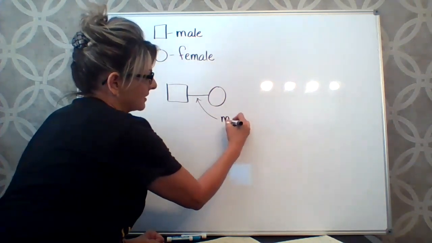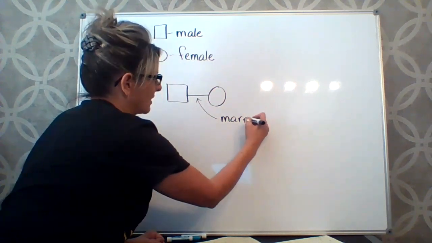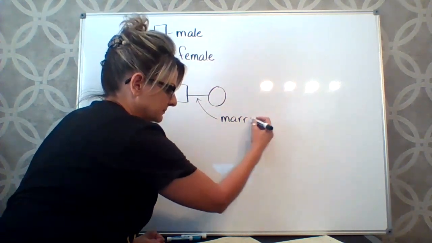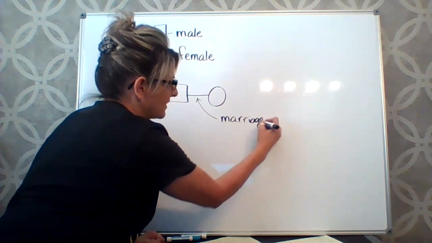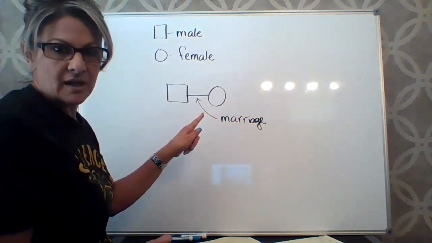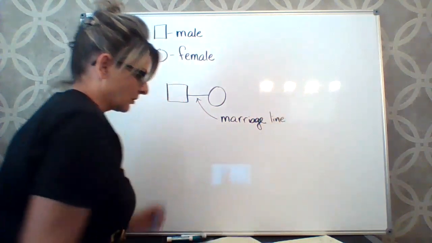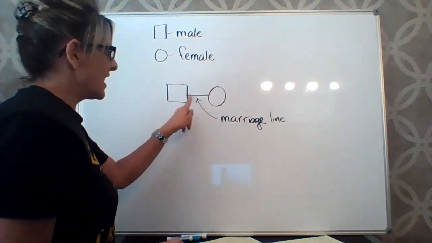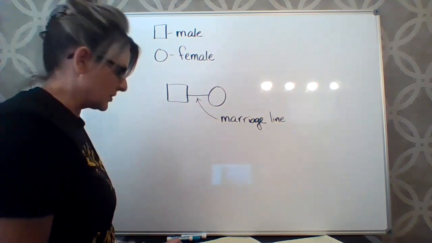This doesn't necessarily mean that somebody is actually married, as you probably know, but it does mean that these two people reproduced. Okay, so whether we want to call it a marriage line or a line of reproduction or whatever you want to refer to it as, that line connecting those two means that at some point in time they reproduced.